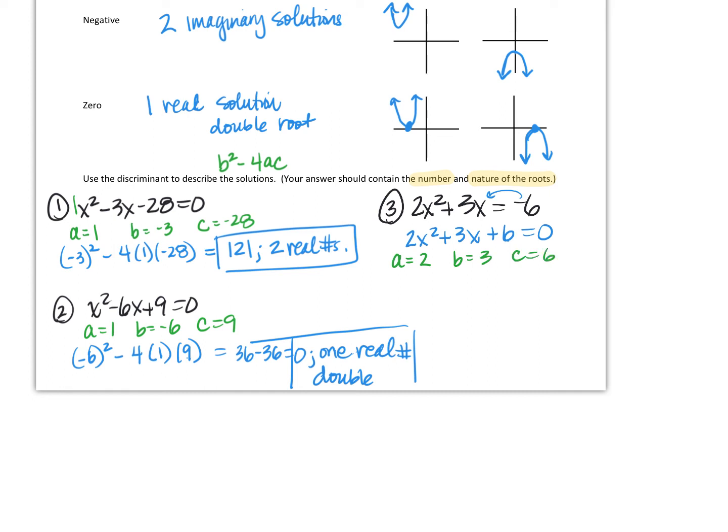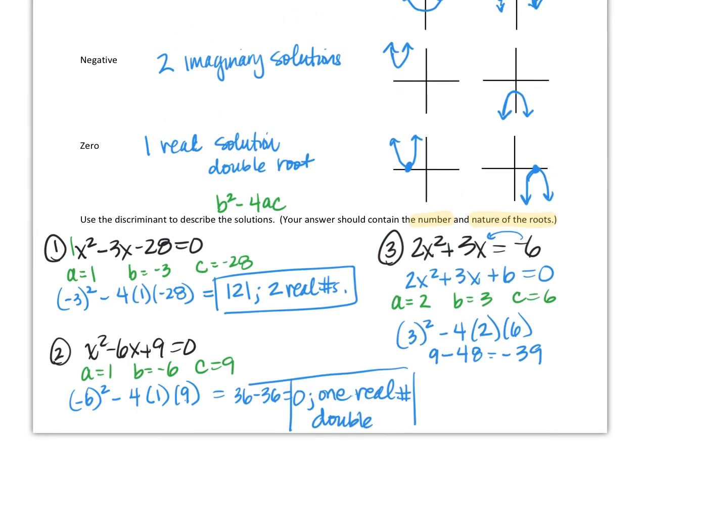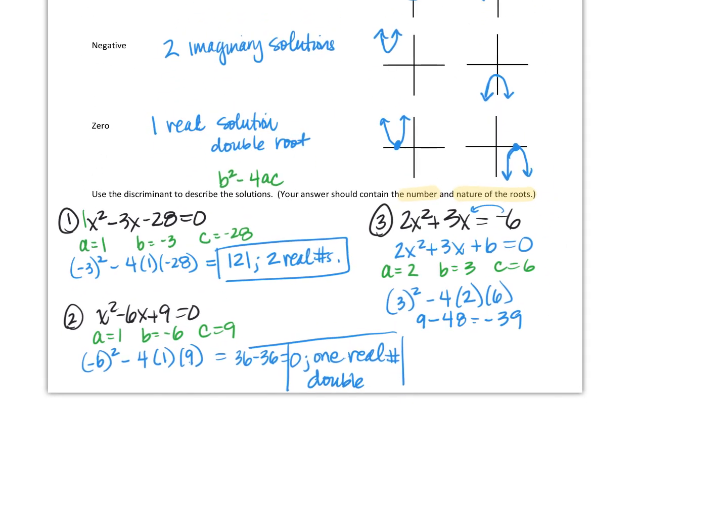Now, when I put this in the discriminant, I'm going to have B squared minus 4 times A is 2 now, and C is 6. So I'm going to have 9 minus 8 times 6 is 48. That's a negative 39. And we said when it's negative, it's two imaginary solutions.